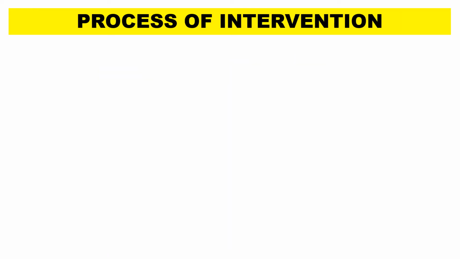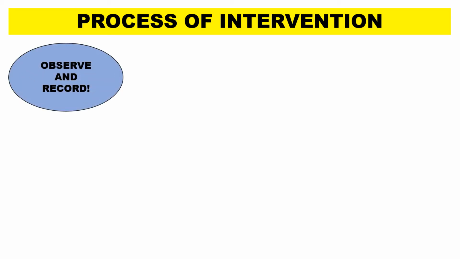Now, let us look at the intervention process. The intervention process is all about observation and record keeping. It is important that we keep record of the intervention strategies that we apply. Why? Because the department, when we refer the child to the department, wants to know what we've done in order to address the problem.